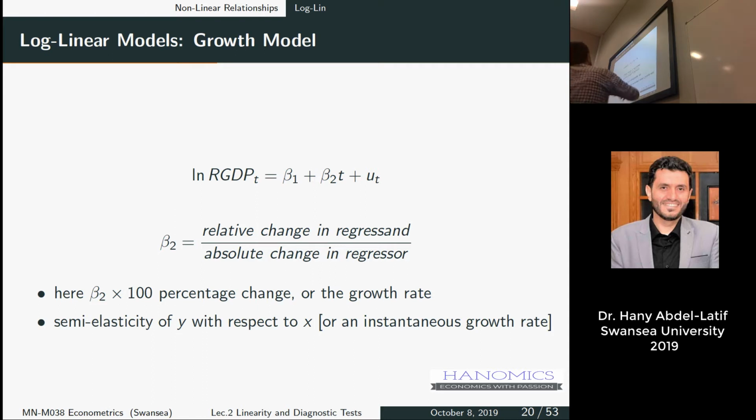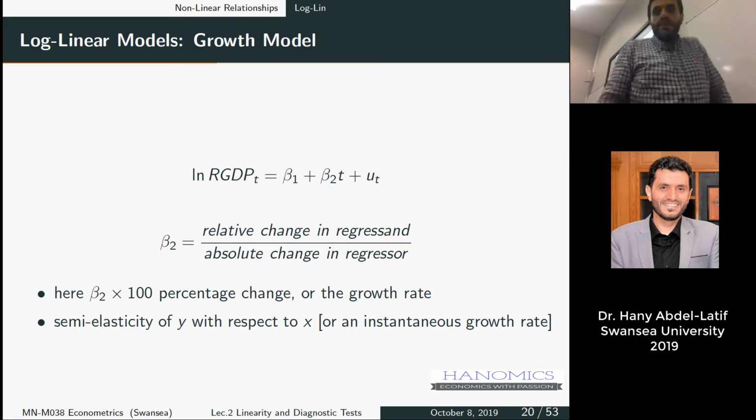It's just increasing by 1 year or 1 month or one week, depending on your data. You multiply this by 100, and it gives you the growth rate of GDP. That's the main difference in the interpretation.